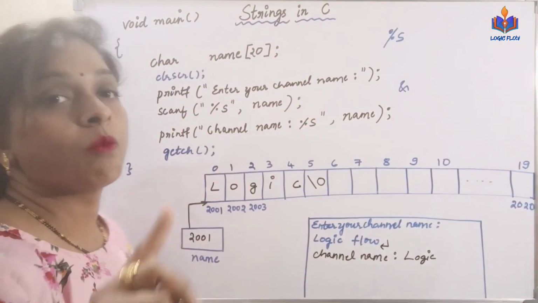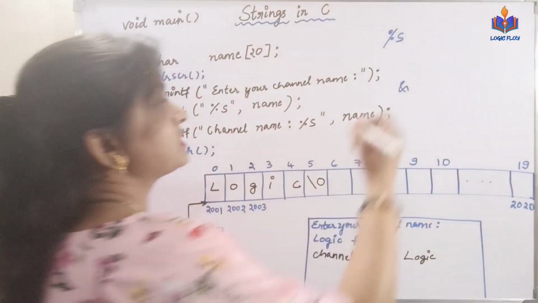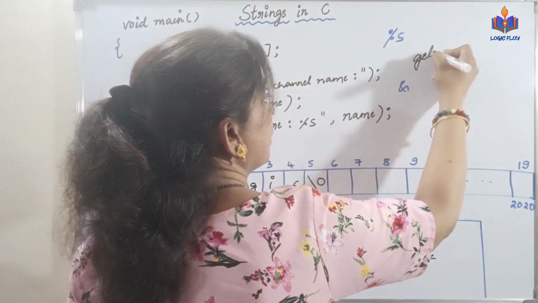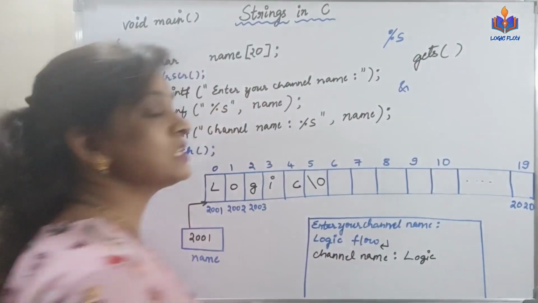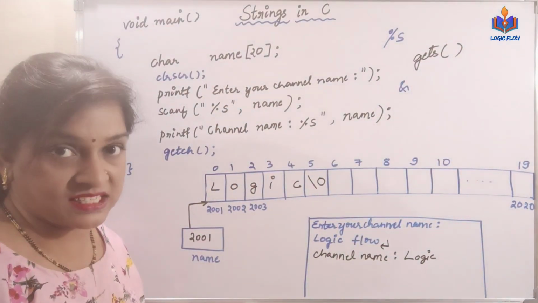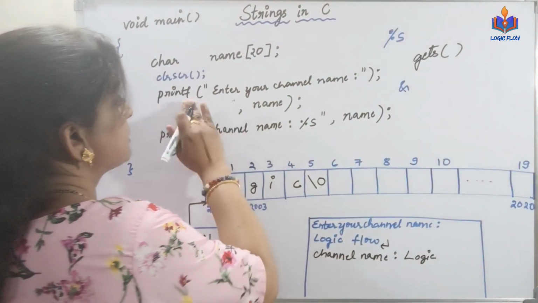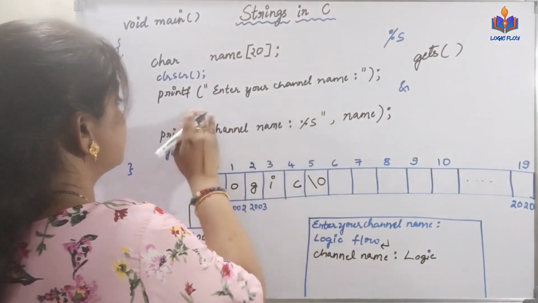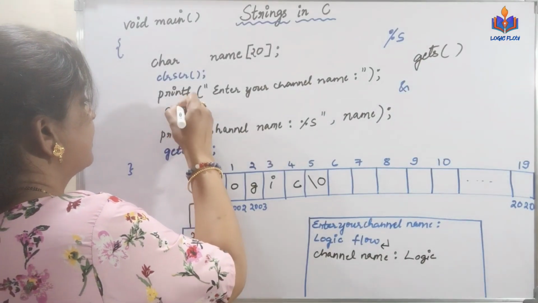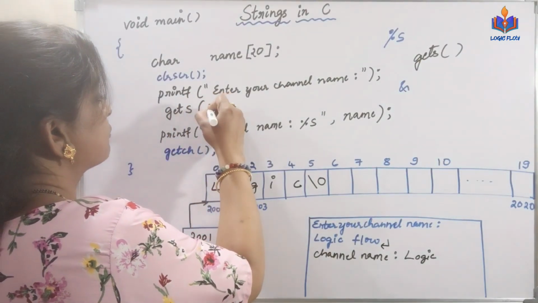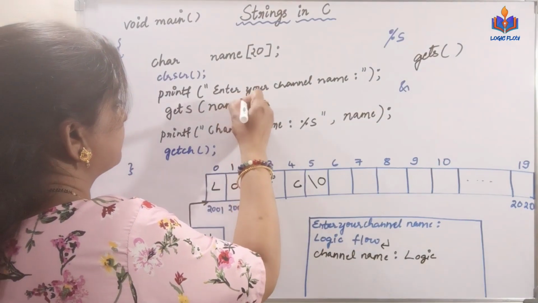So for that, what can we do? We can use the unformatted function, which is gets. gets represents string. So how to use that? Very simple. I can say gets of name.